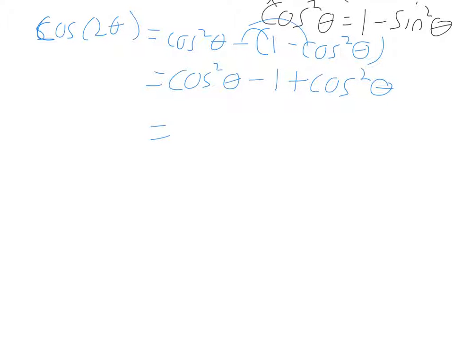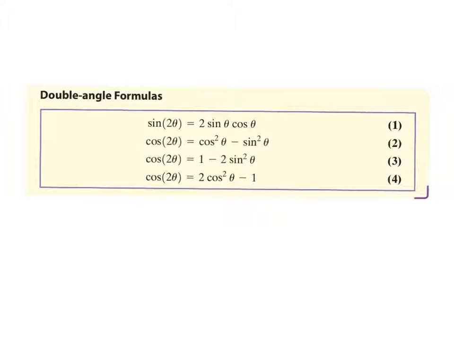So we could also rewrite the formula for the cosine of 2 theta as just 2 cosine squared of theta minus 1. Now here's a nice list of the double angle formulas for sine and cosine, neatly written out. We're going to do a couple of examples of how we would use these.